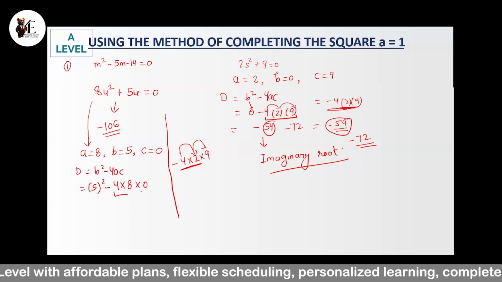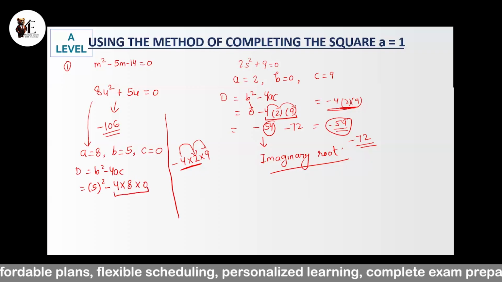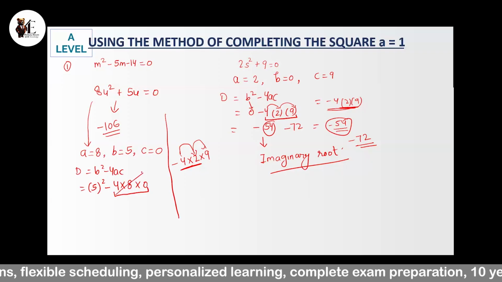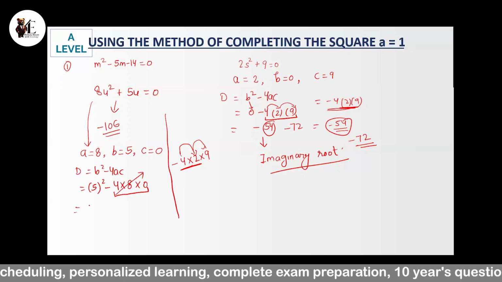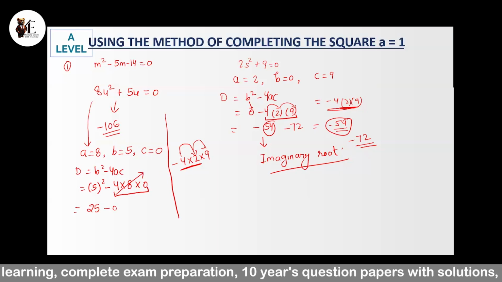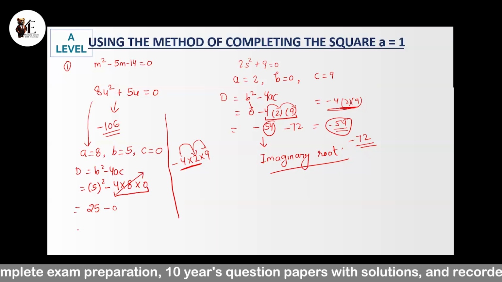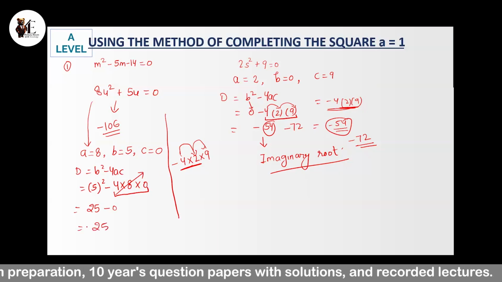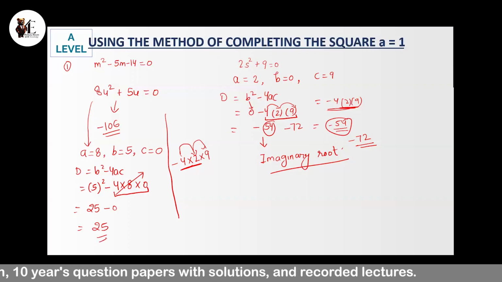Whenever you multiply any number by 0, that term will give the final answer 0. So for the whole term, 5 square minus 0 is 25, because 0 is in multiplication with 4 and 8. So your answer will be 25, and this equation has real and distinct roots, or unequal roots.